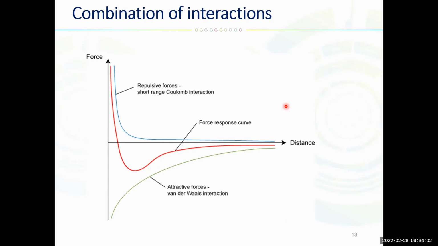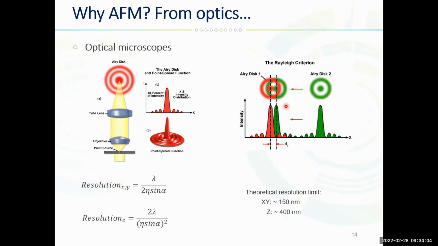So let's talk more about AFM. So why AFM? I want to start talking first from the optical microscopy. So when light from the various points of specimen passes through the objective, it is reconstituted as an image, and the various points of our sample appear in the image as small patterns. These patterns are called Airy disks.